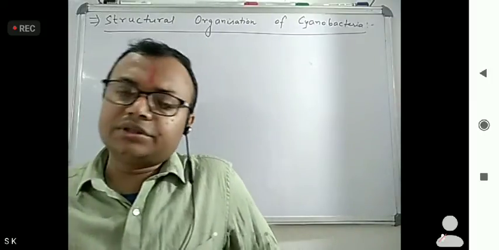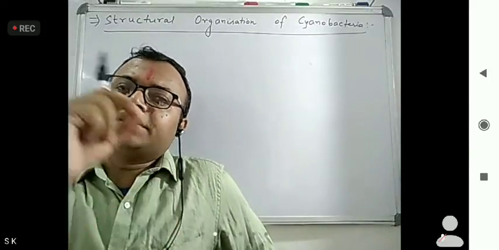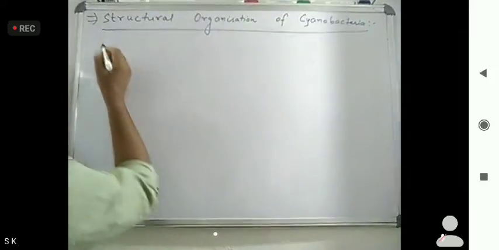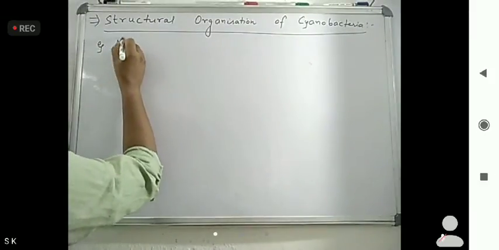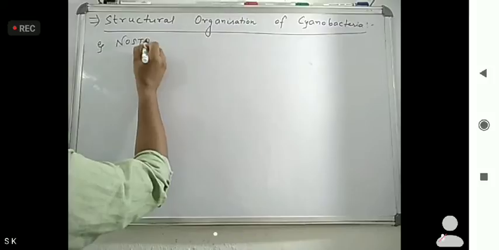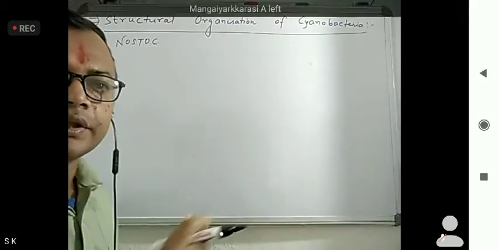Last time we just saw one example, Nostoc. Inside that, what did we see?